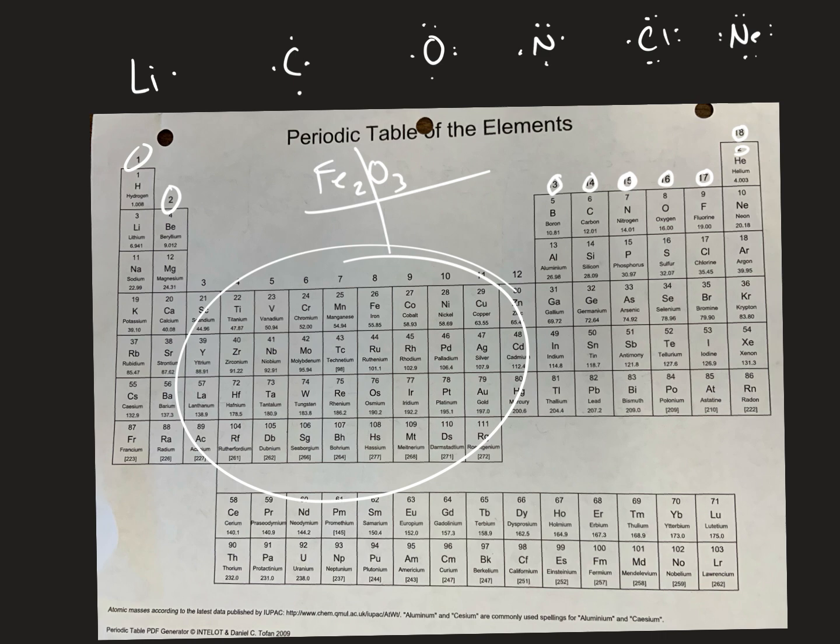All right. Now, the Lewis structure is just one step of many that we're going to learn. It's the first step for covalent compounds. Any questions about the Lewis structure for just a single element?